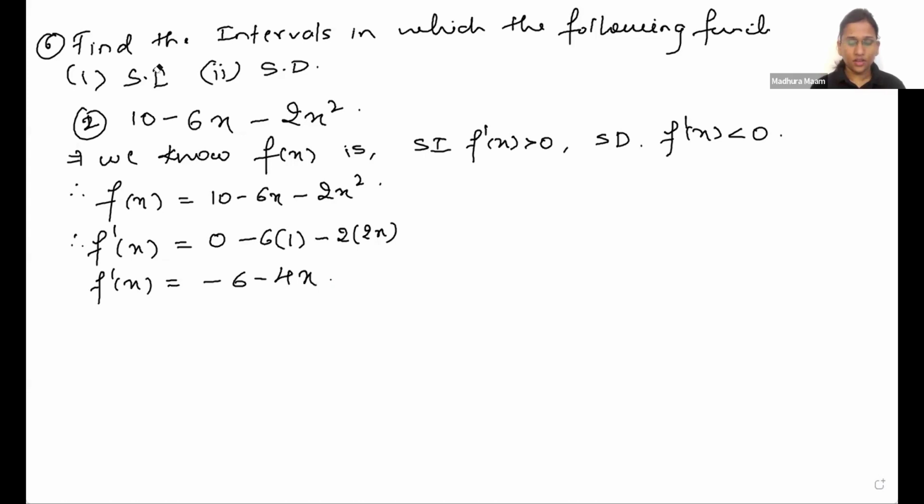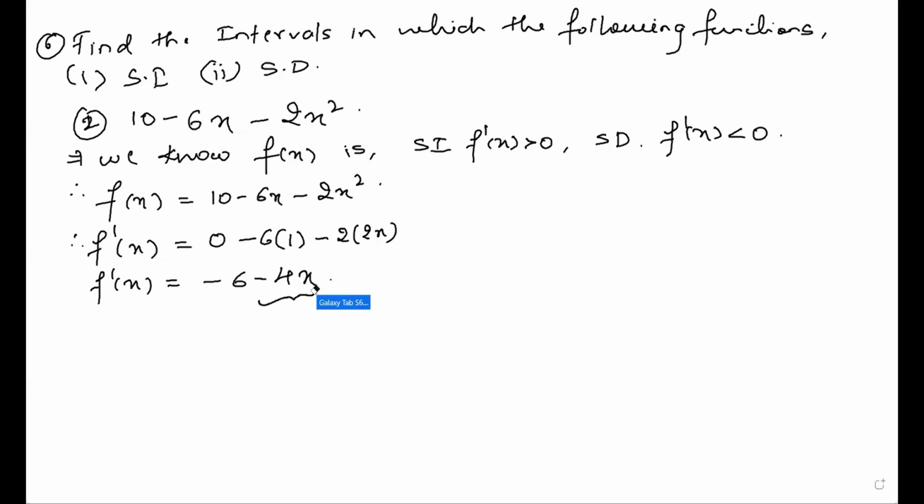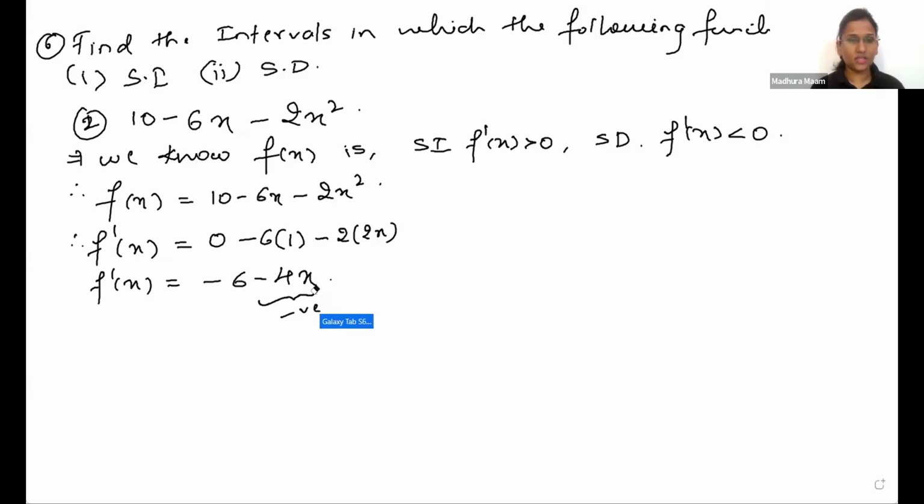Now see here, usually in the first two examples, we had seen directly whether f dash is positive or negative. But here it depends on the value of x. If I take x negative, this negative becomes positive, but if this is a larger number, then it will remain negative only.